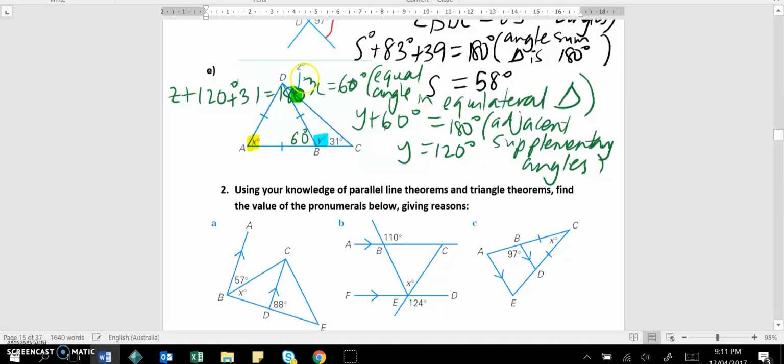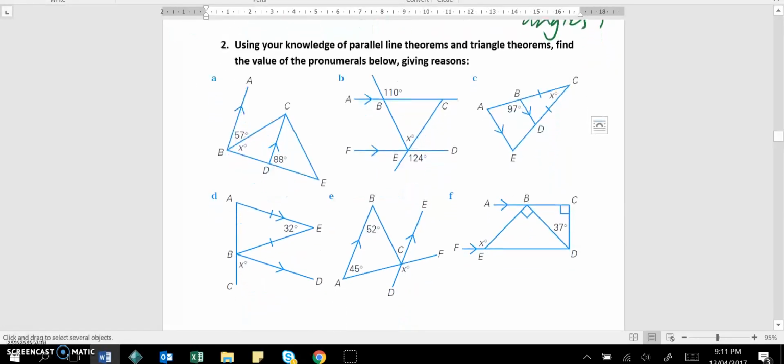Sorry, I ran out of room there. And I'm going to write my reason, angle sum of a triangle equals 180. And then when you subtract 120 and 31 from 180, you get 29 degrees. Okay, so just write your reason in brackets for that one. I ran out of room, but you guys make sure you write it down.